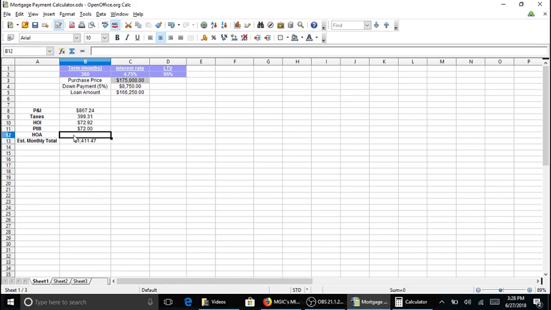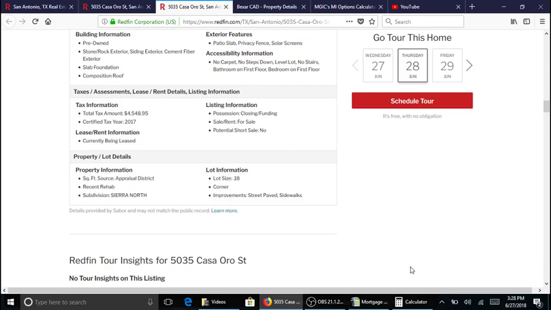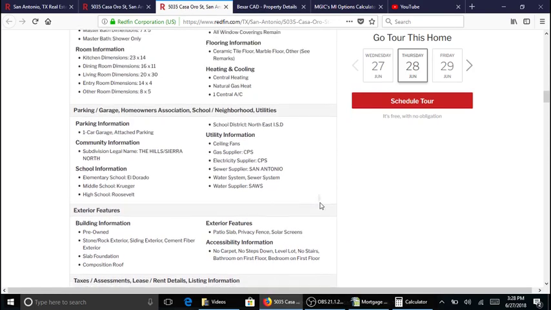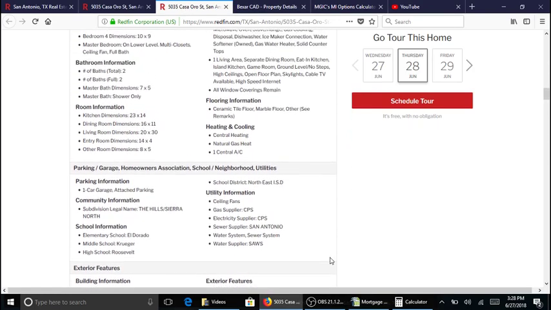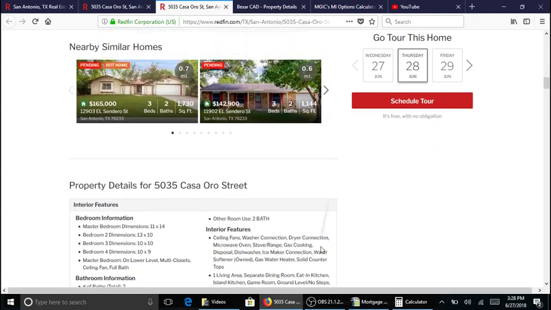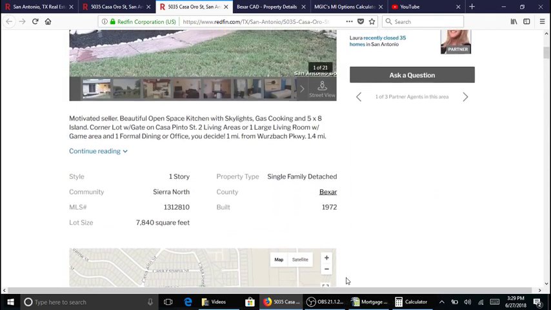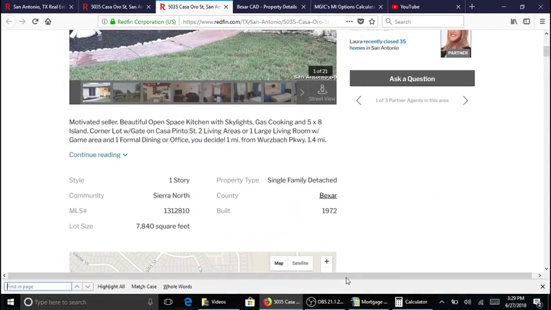So the last thing on here, homeowners association dues, otherwise known as HOA. A lot of properties nowadays do have homeowners association dues. Redfin is pretty good about giving you this information if it does have it. So let's take a look if it does or does not. Let's do a search.